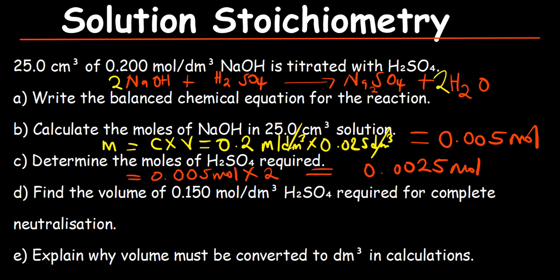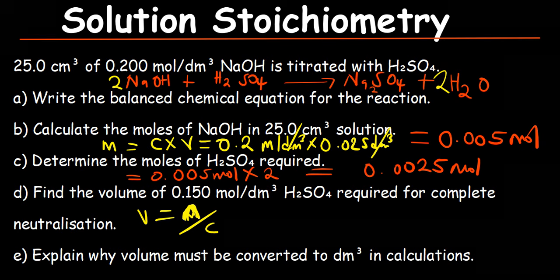The volume. So it's just about manipulating the equation. Okay, so in this case, the volume is equal to moles divided by the concentration, because concentration is equal to the number of moles divided by the volume. So volume will be equal to number of moles divided by concentration.